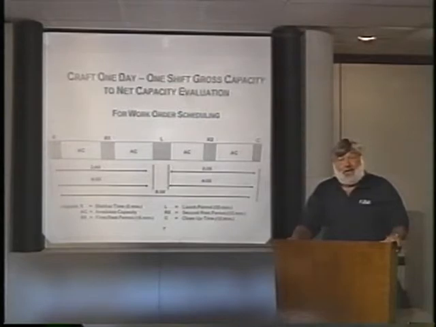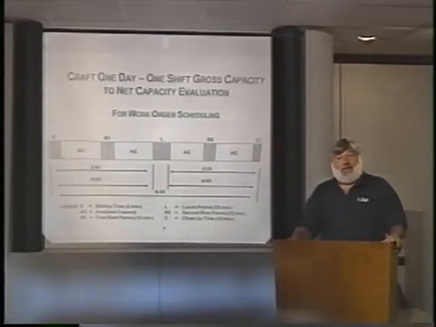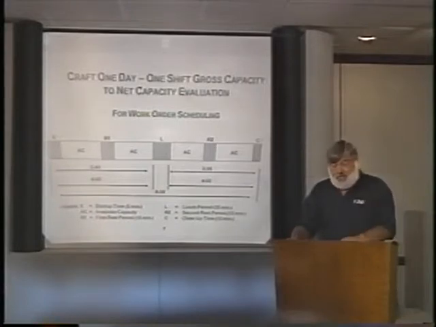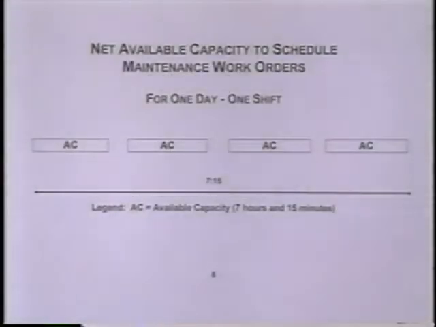So out of an 8.5-hour day where the employee may be available, that employee is getting paid 8 hours a day, and we actually are going to have the available capacity as shown on the following page, page number 8. And here we have those 4 time periods, the available capacity, and this represents a total of 7 hours and 15 minutes.